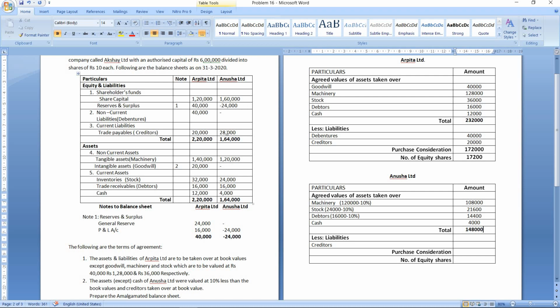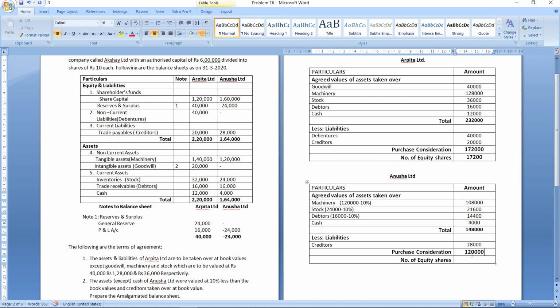So what is the creditors of Anusha Limited? It is 28,000. From the total of assets we have to minus creditors, then we will get purchase consideration. So 1,48,000 minus 28,000, that will be 1,20,000.